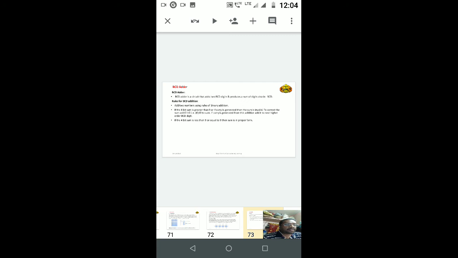This is the first rule: when the result comes, you check whether a carry is generated or not. If the carry is generated, your result is invalid and you have to add 6 to that result. If the carry is not generated, then the result is valid, and you don't need to add 6. This is the first rule.